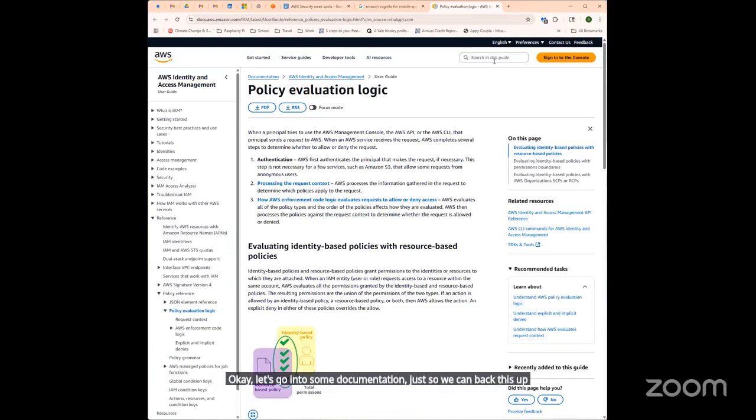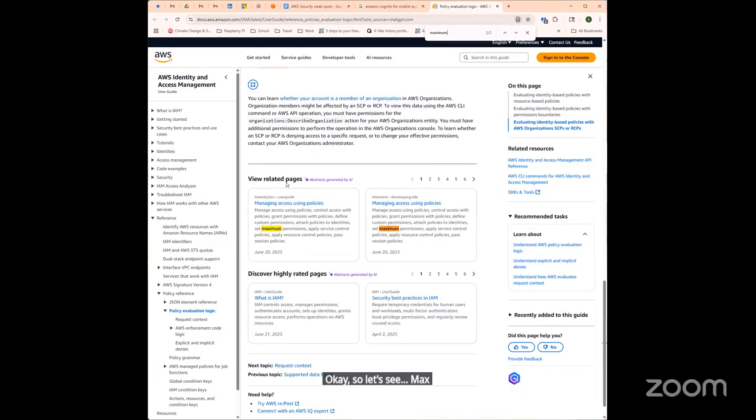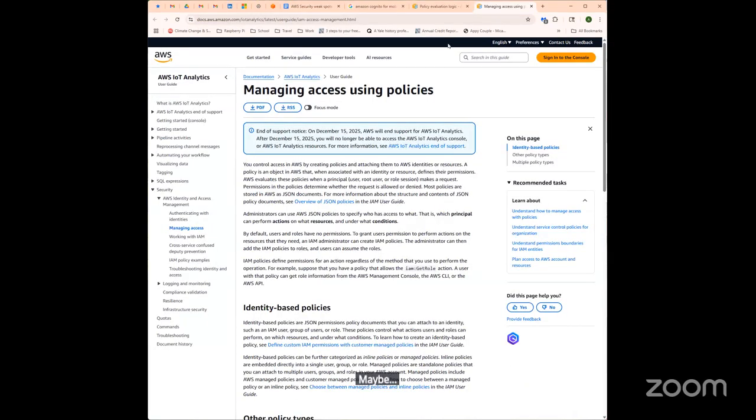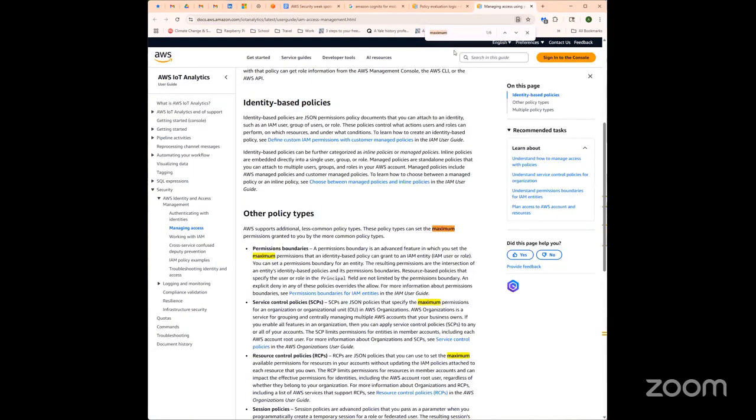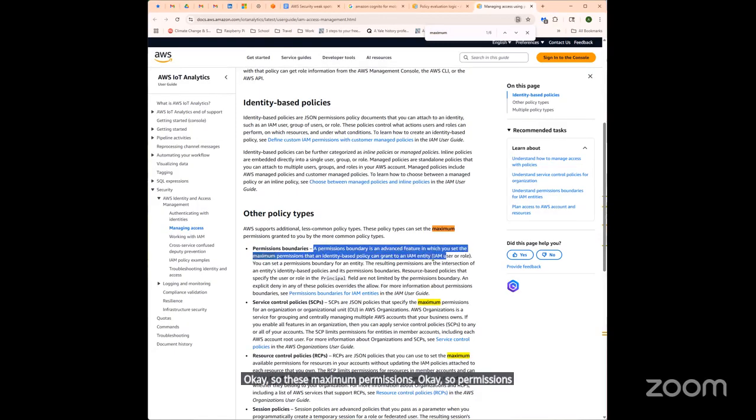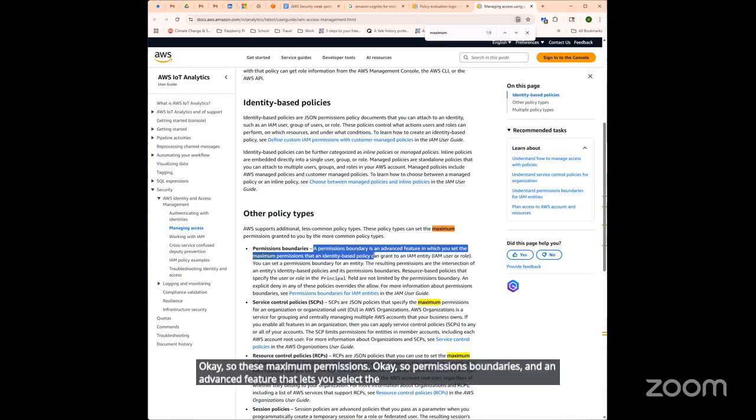Okay, so these maximum permissions. Permissions boundaries are an advanced feature that lets you select the maximum permissions that an identity-based policy can grant to an IAM entity.